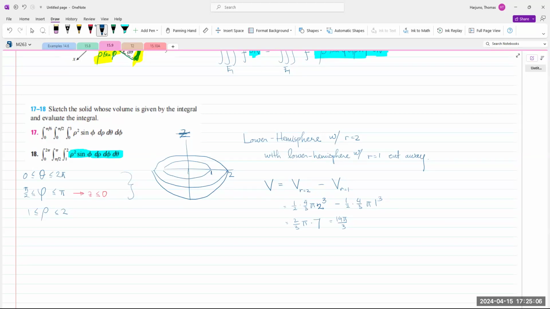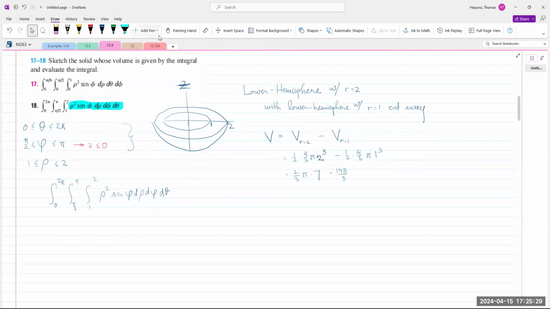Now let's try to compute that triple integral and see if we get the same result. Apparently the integrand and the limits of inner integrals are independent of theta, right?